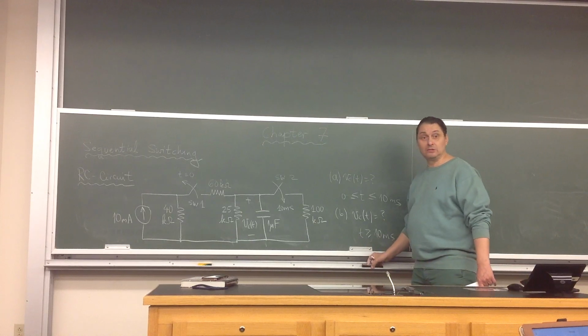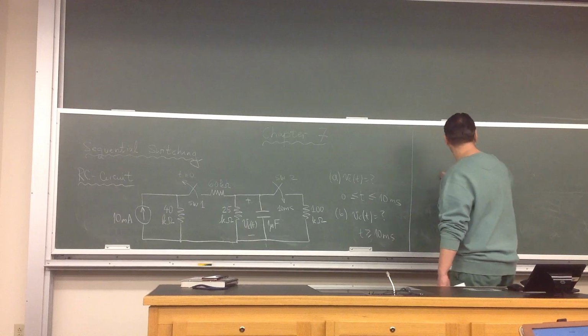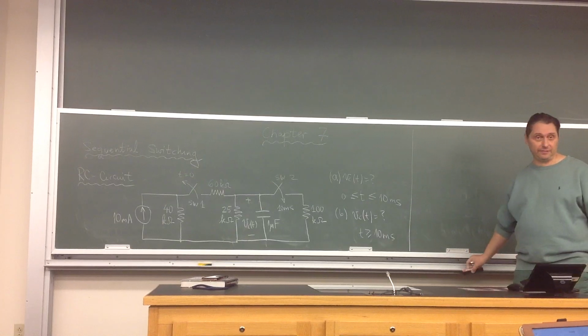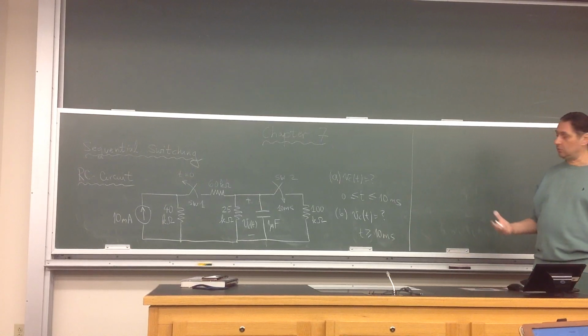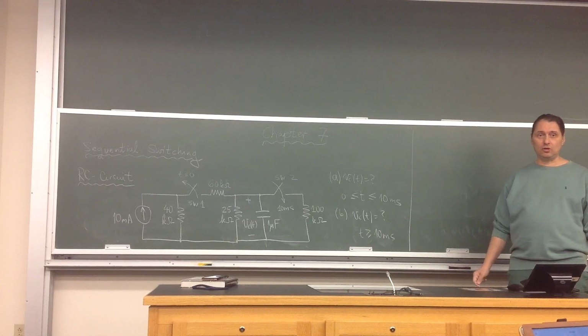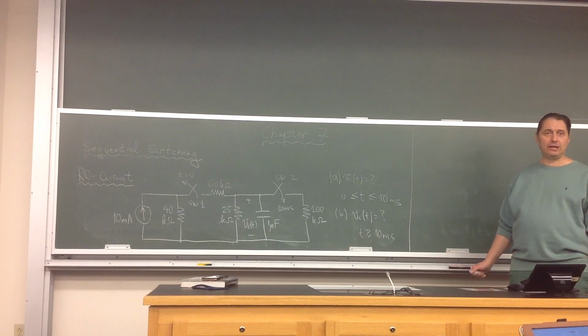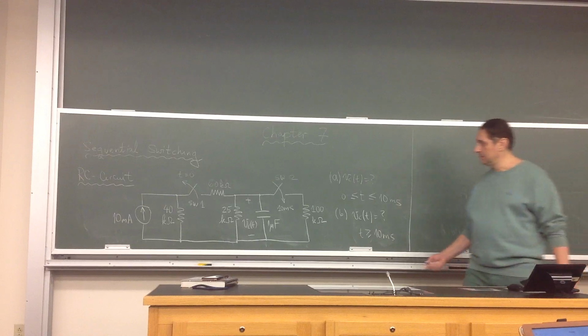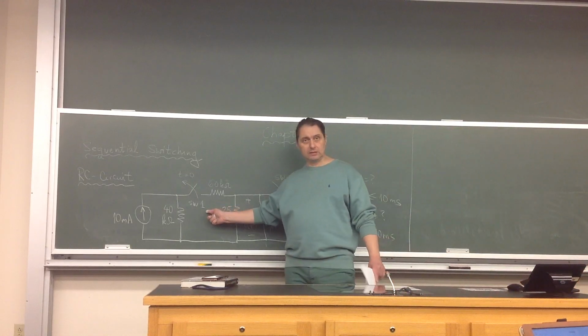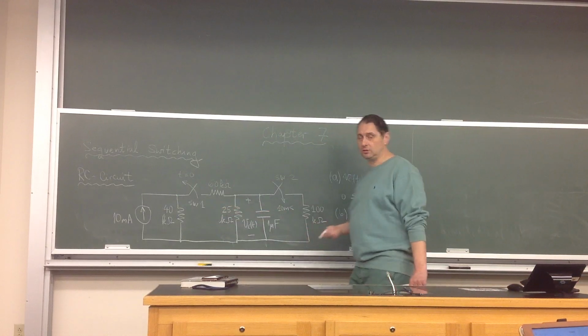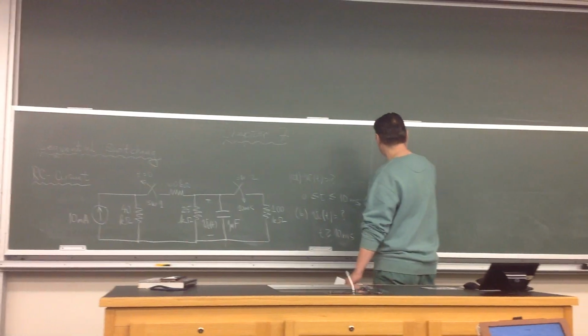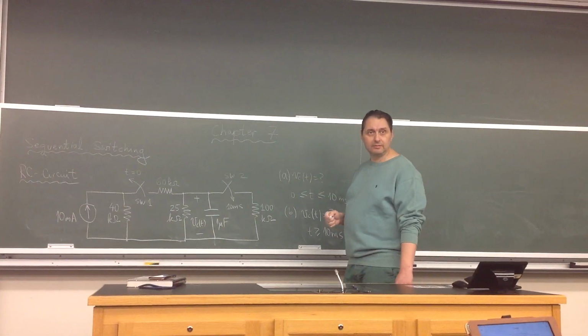All right, so the analysis is pretty much the same. Well, a little bit of difference. So first we need to figure out, again, what's going on with the circuit from minus infinity until 0 minus. So for a long time this switch was closed and this was open, so your capacitor will be charged up, right?